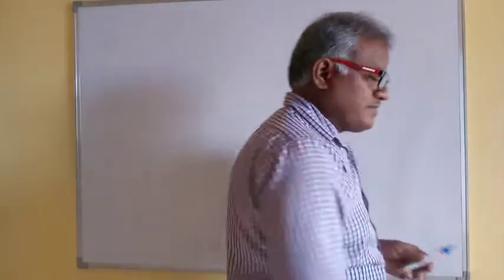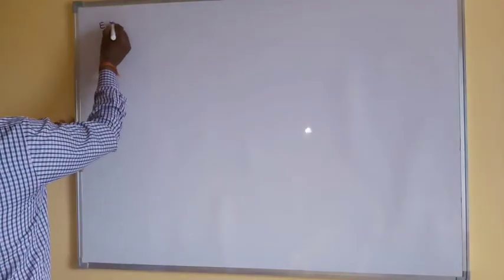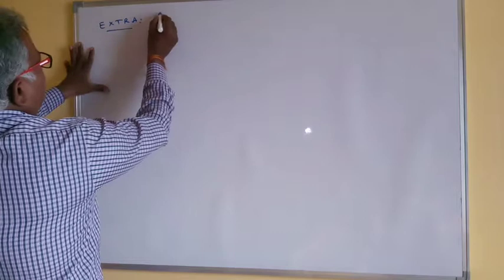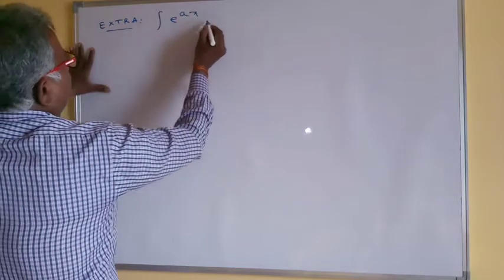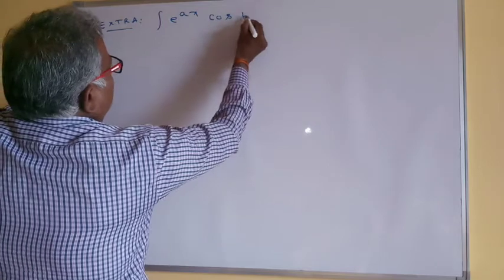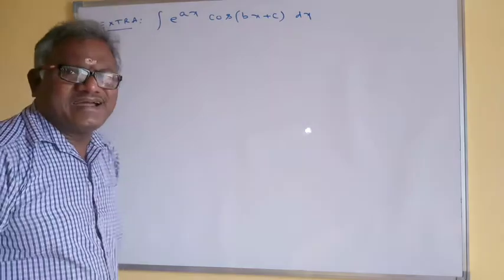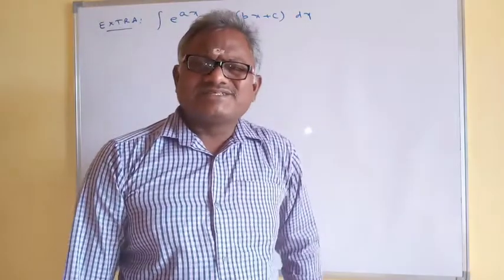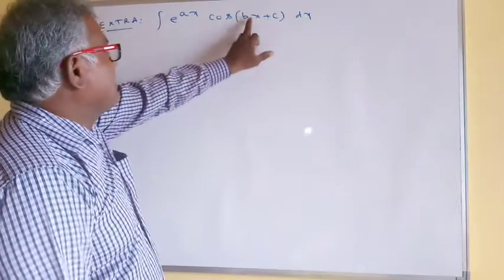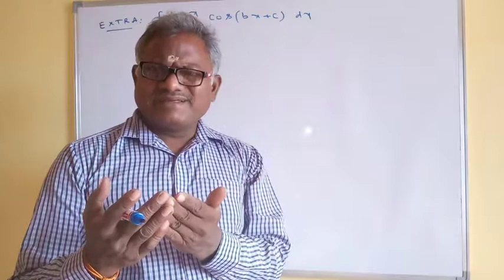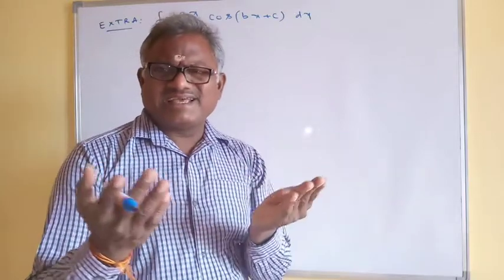In the same way, one more extra problem, same model: integral e power ax into cos of bx plus c. I have to give the solution for this one. Here bx or bx plus c, no change, because c is a constant and its derivative is 0. So there is no change in this one.